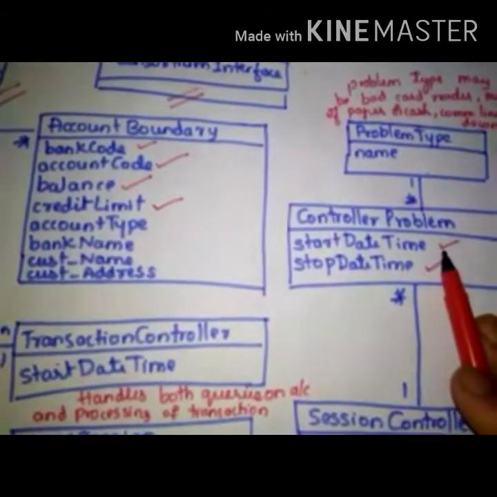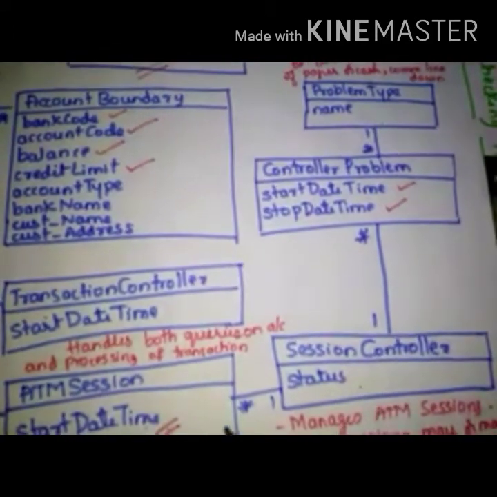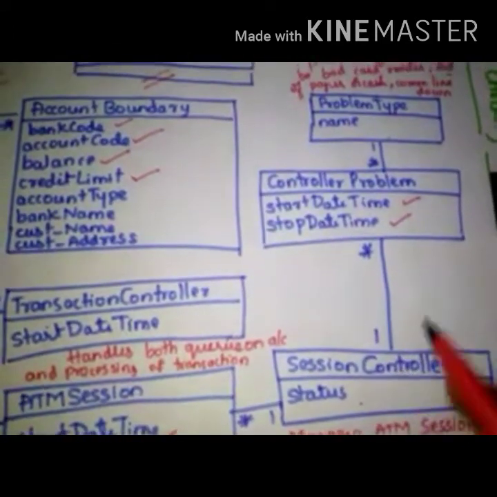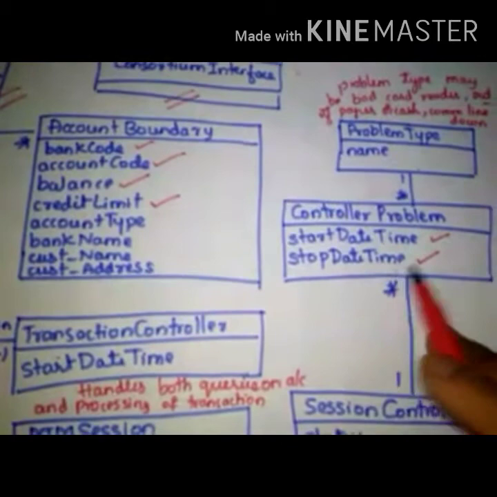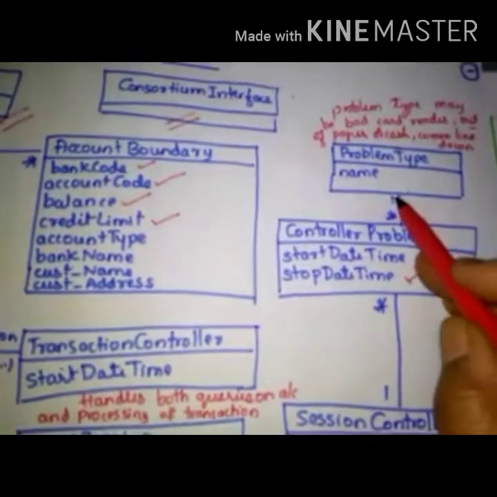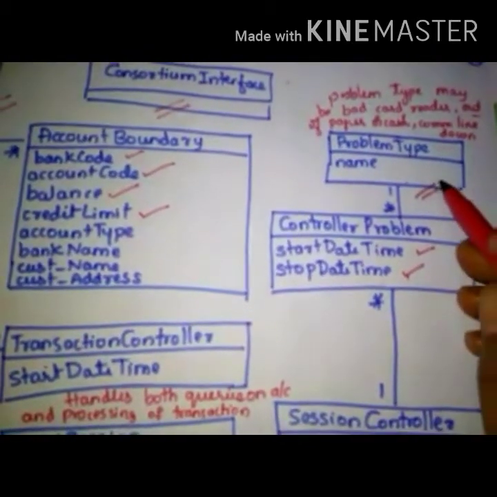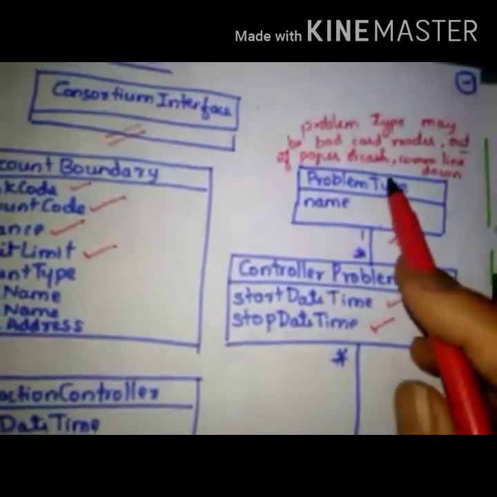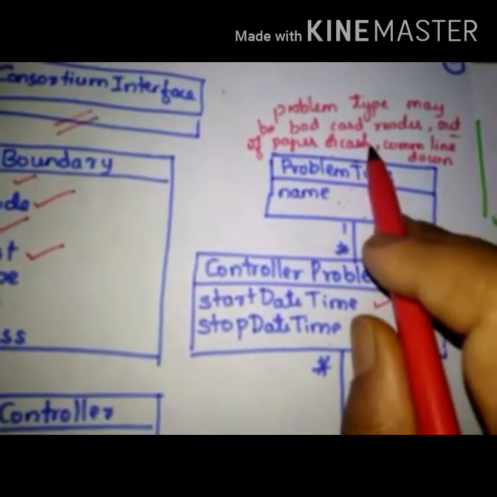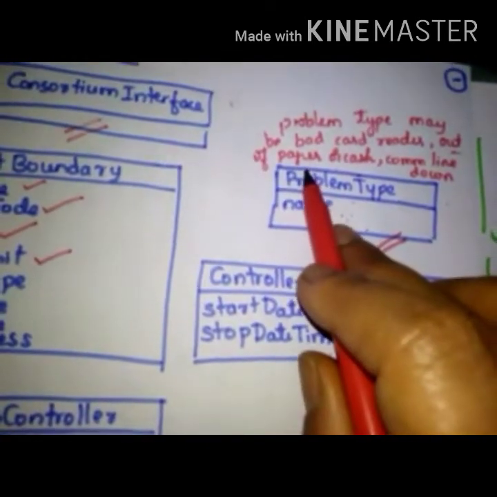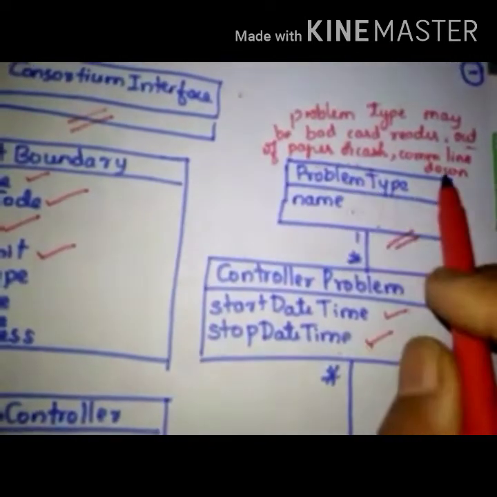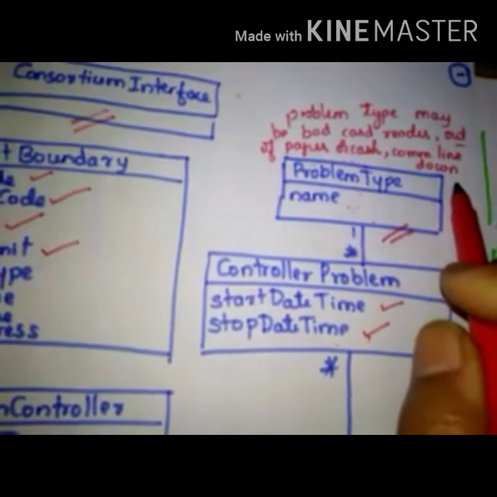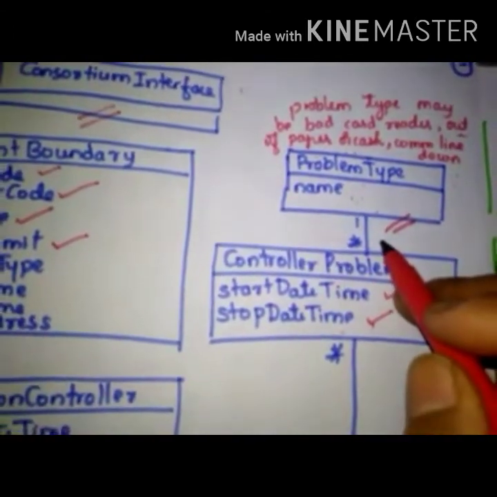So the controller problem checks that on such and such date and time this particular problem has arisen, so it will check with the problem type. So what action has to be taken? The problem types have different names like bad account problem, out of paper problem, out of cash problem, communication line down problem, right? With respect to that, it will handle.